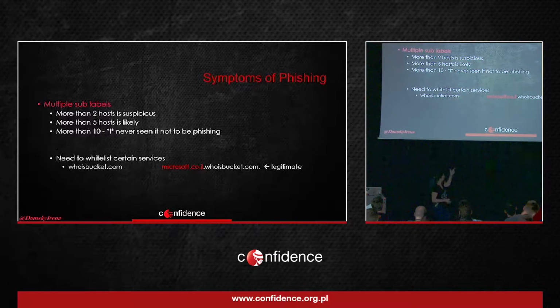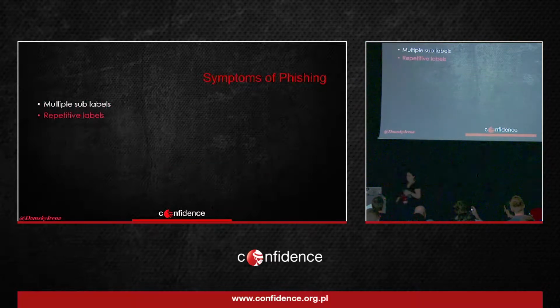So Microsoft.co.il is actually a legitimate Microsoft website that is used in Israel, and WhoisBucket is returning the information. So once you look at that, you see, okay, WhoisBucket is legitimate, I'm going to whitelist it.